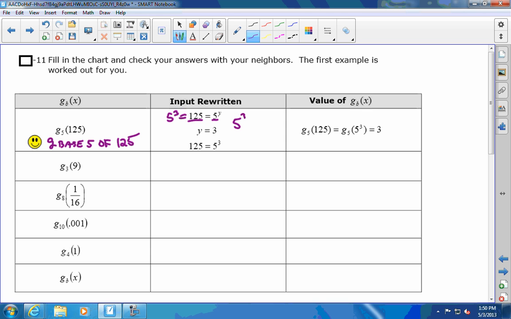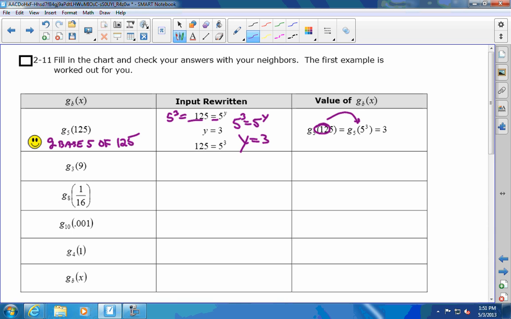So 5 to the 3rd equals 5 to the y. So we know y is equal to 3. So you're replacing this number with an exponential form that has 5 as the base. It's 5 to the 3rd. Whenever your base here and your base here are the same, you lift off your exponent.